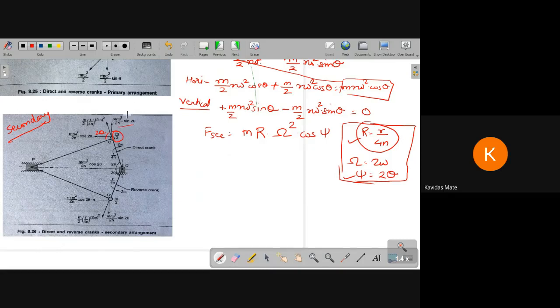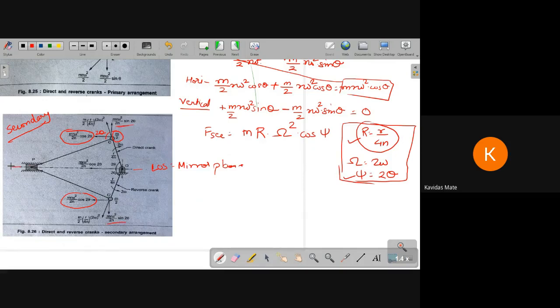Similarly, taking the line of stroke as the mirror plane and drawing the same diagram, you will see the secondary forces would be these two: m r omega square by 2n and m r omega square by 2n cos 2 theta. So it would be m r omega square upon n into cos of 2 theta. The vertical components would be cancelled out.